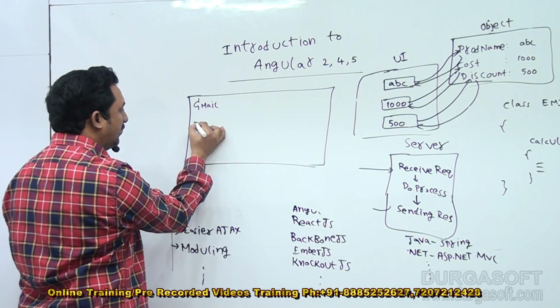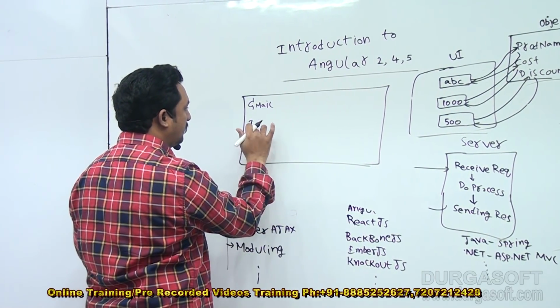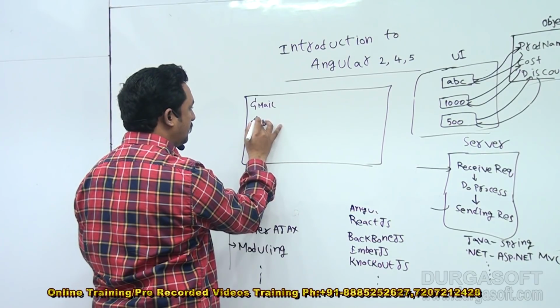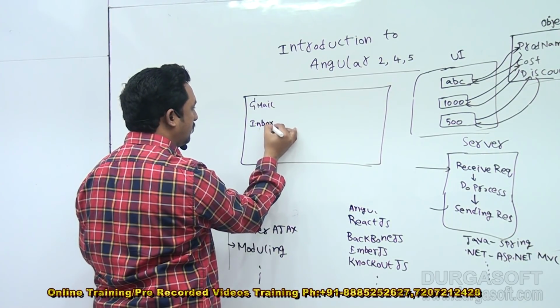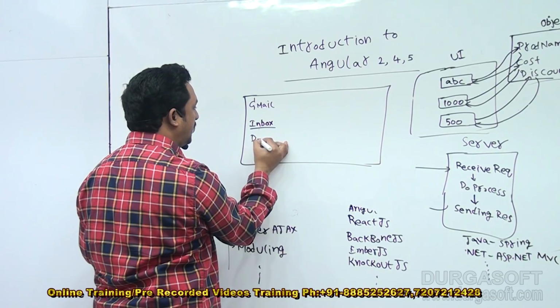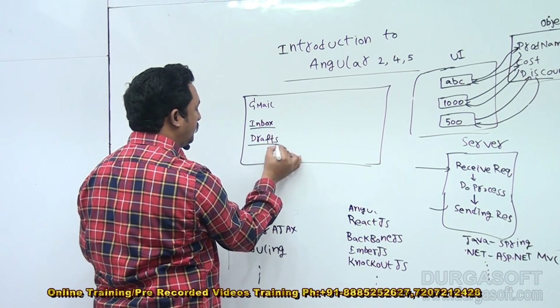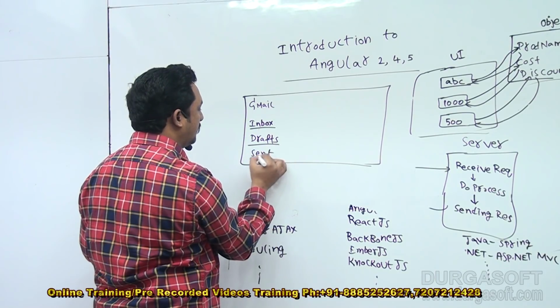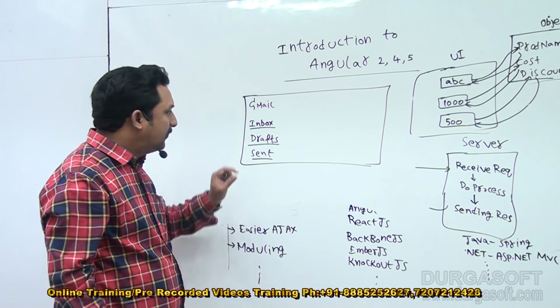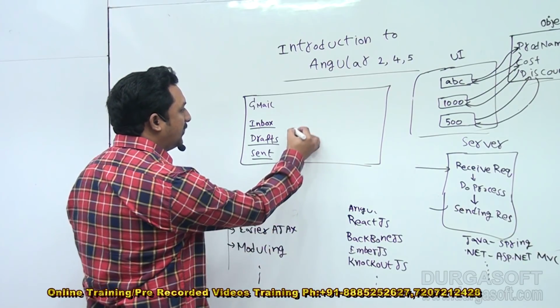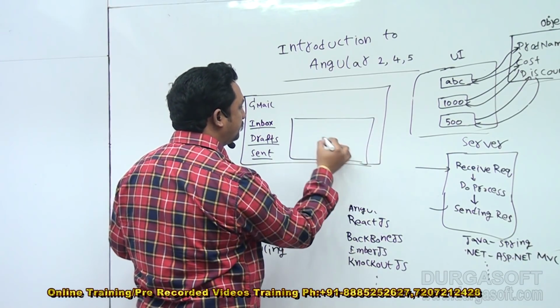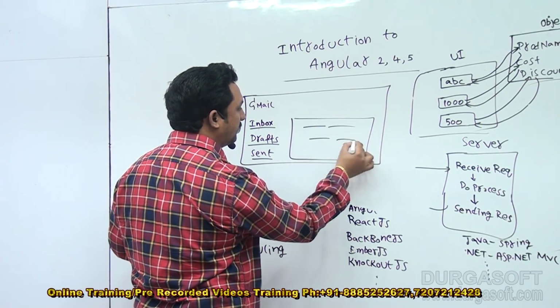Inbox link is available. Drafts are available. Sent mail is available. Different hyperlinks. When I click on a particular link, relevant information appears here. A list of mails will appear here.